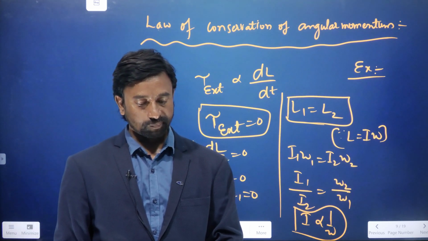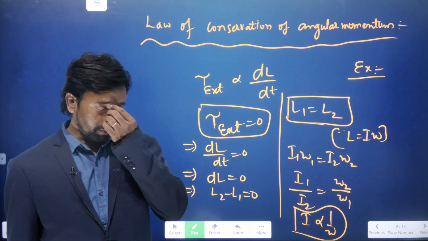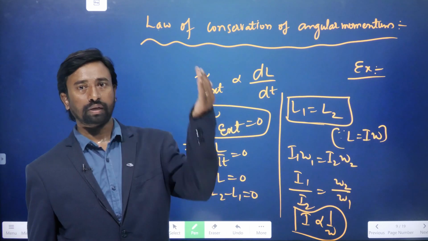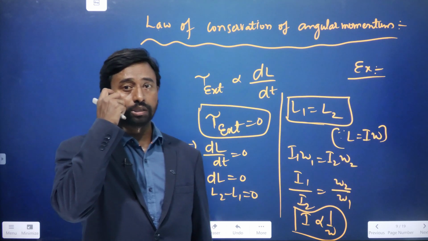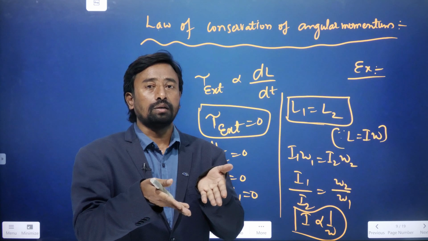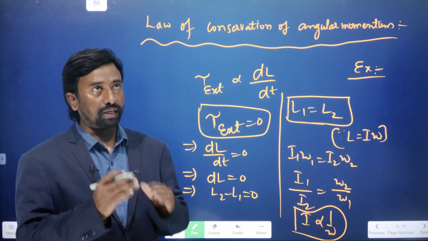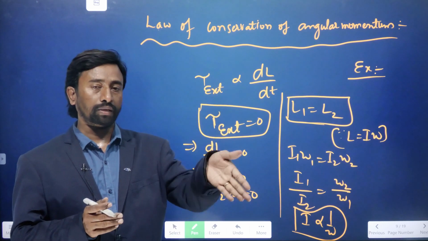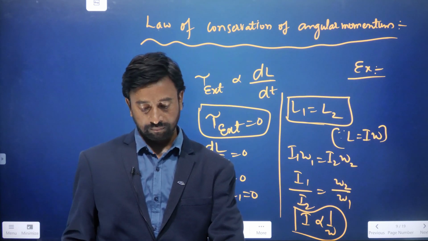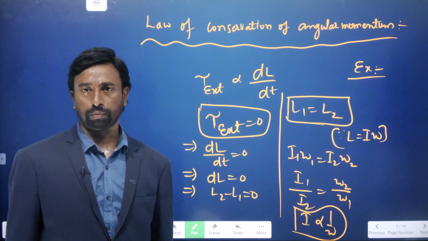Another example is a swimmer diving into the water. After jumping into the air, he holds all his body near to him. Whenever he reaches the water, he spreads his body. That is the reason he can reach a higher height and take a safer dive. This happens due to the law of conservation of angular momentum.